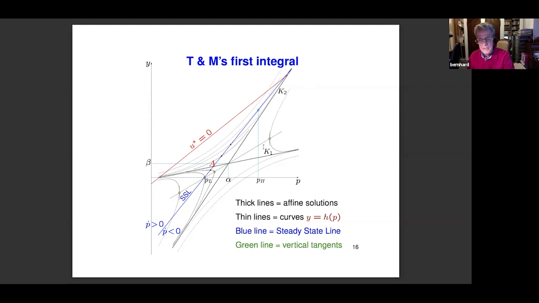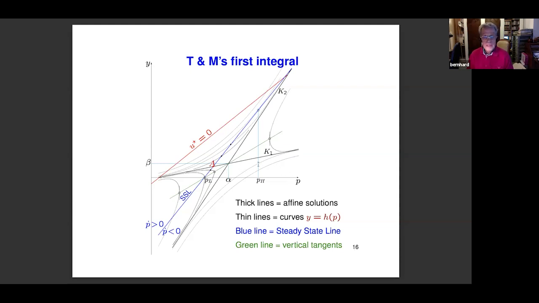To the right of the red line, the controls are positive, so you don't want to consider what happens to the left. The blue line is the line where p and y are such that the function phi, which I show, is 0. Therefore, when you are to the left of the blue line, the state moves to the right. And when you are to the right of the blue line, the state moves to the left.